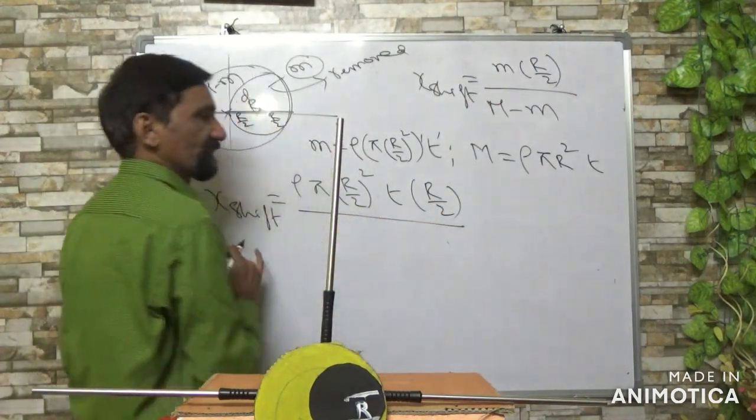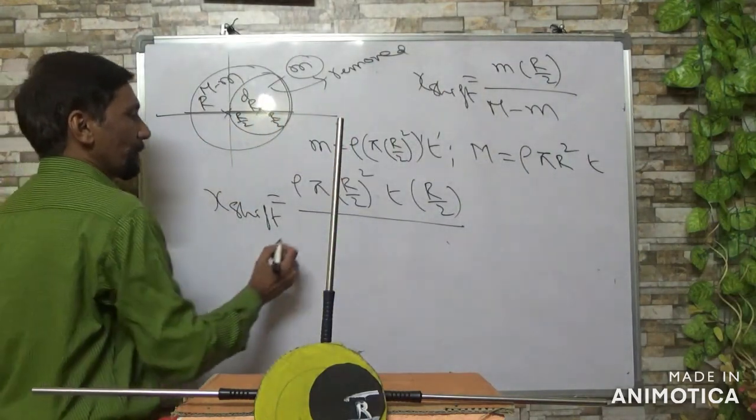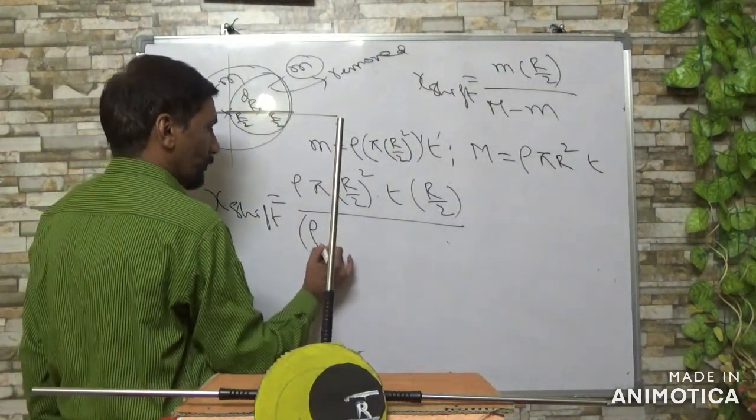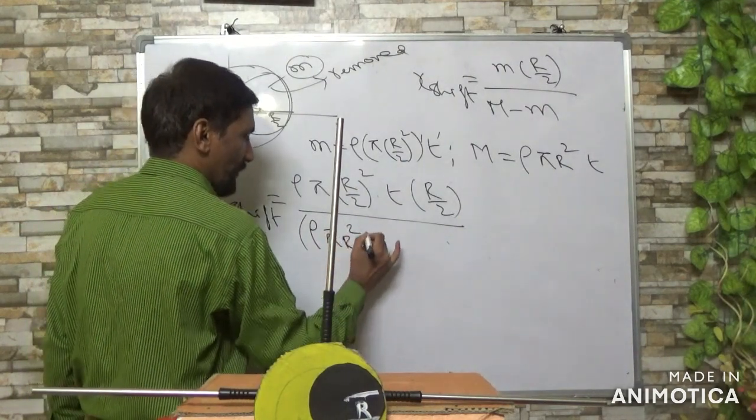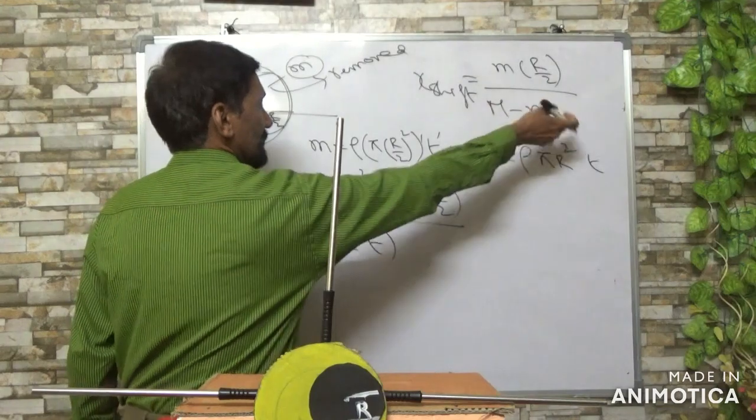So in order to find x shift you are using mass removed by remaining mass, that is, by total rho pi r square t, right, minus the second one.